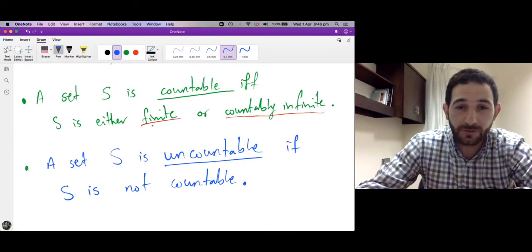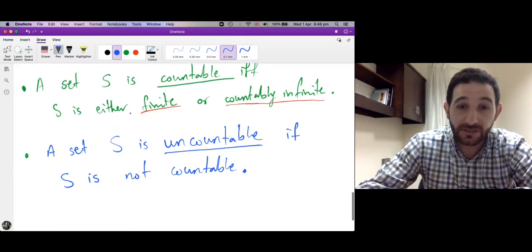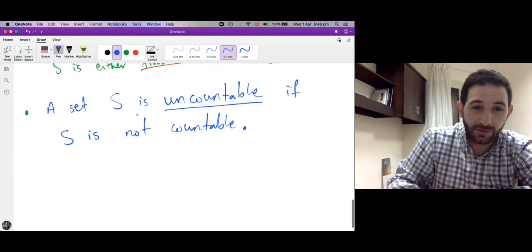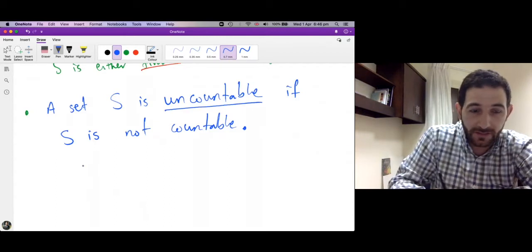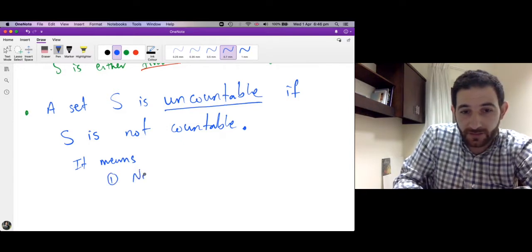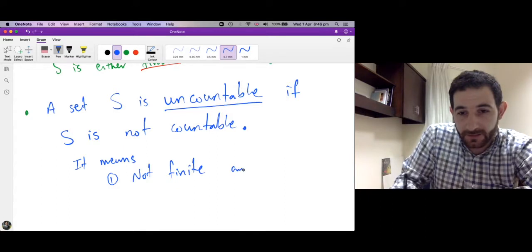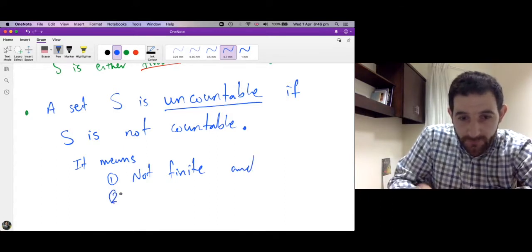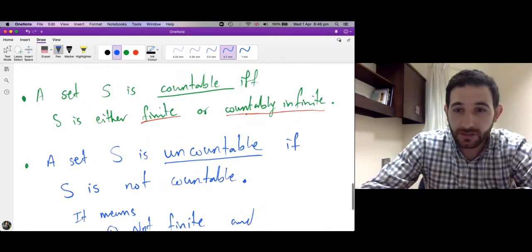Remember De Morgan's law, the negation of P or Q. So this means two things: one, not finite, and two, not countably infinite.